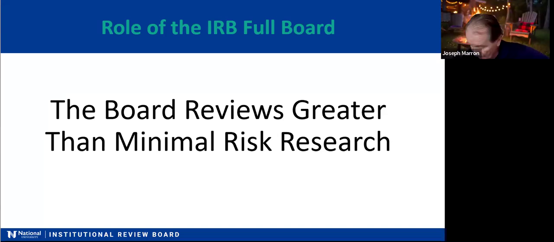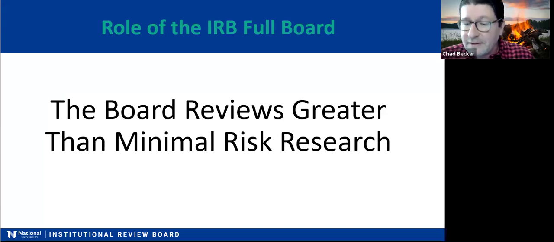And then, of course, there are the sensitive topics that can possibly make the study greater than minimal risk due to the consequences for the participants. That can sometimes not fall strictly under those basic categories, but more the cultural categories of race, ethnicity, gender, sexuality, and things like that.